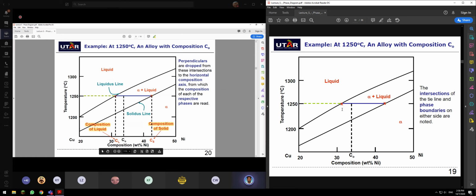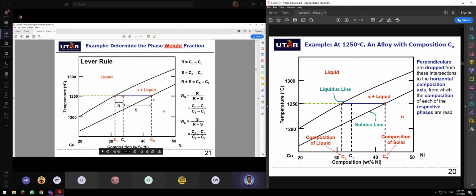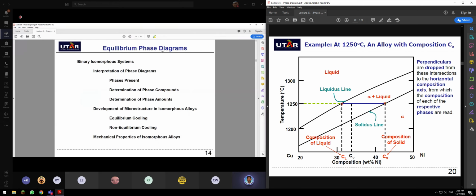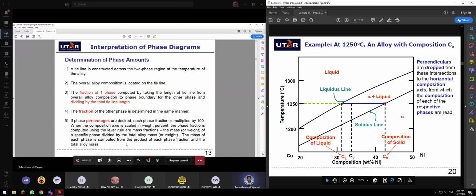So at this present temperature and the given composition, we have a composition of liquid at this weight percentage and a composition of solid at this weight percentage. Now, how to determine the phase weight fraction? We are talking about the phase amount now.